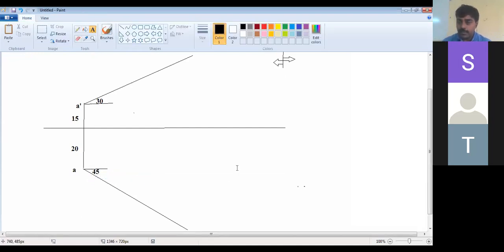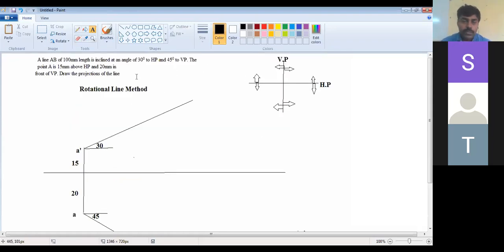Third step. So first step points identification, second step angle identification, third step distance marking. Now what they have given, AB length of 100. So from A dash please take your compass, 100 mm dimension, and mark it here. Wherever it is, I am marking a line.